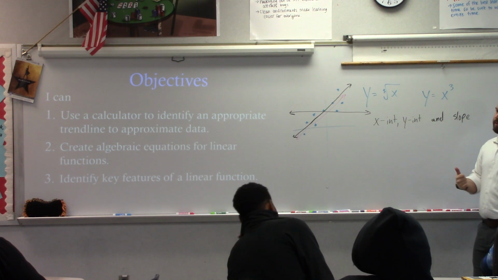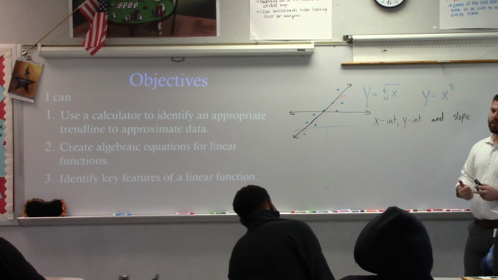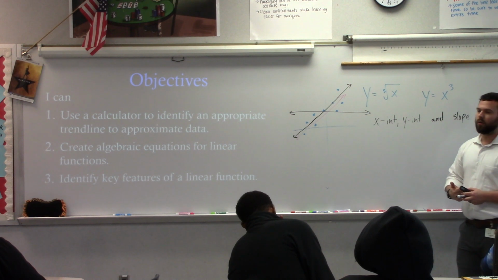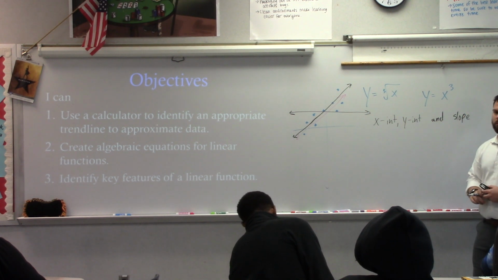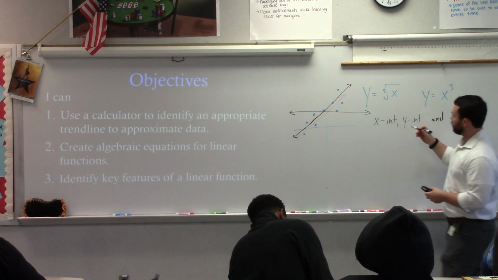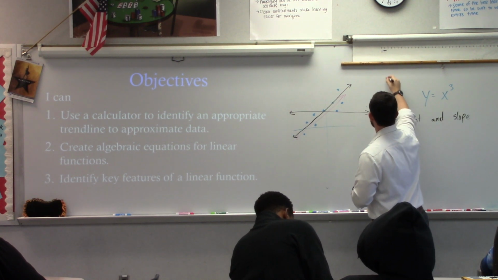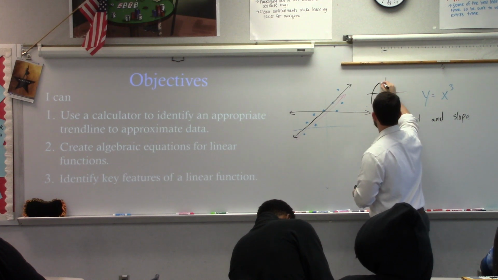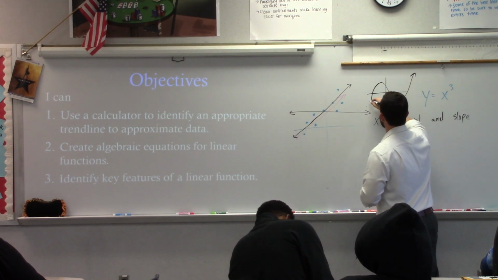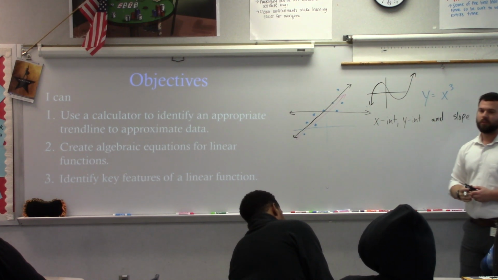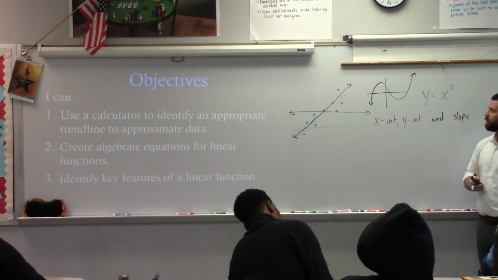Of a function, not data. Like if we had a cubic or a quadratic or an exponential, like a parent function. If you had that function, what could we think about with that function?